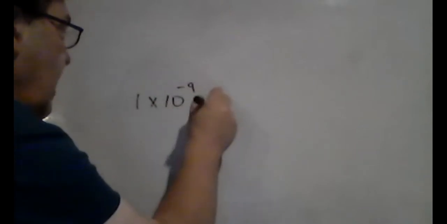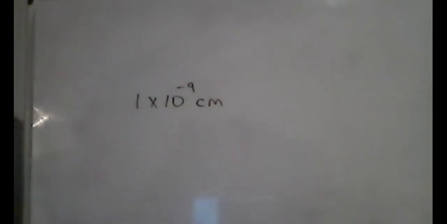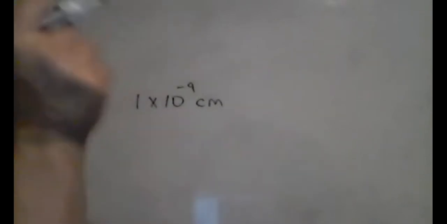The charges available in the simulation, how you create a dipole moment, is 1 times 10 negative 9 cm. Now, I corrected Dr. Edmonds on this. When I first read it carefully, I saw 1 times 10 negative 9, and cm looks like centimeters to me. But let's be careful.